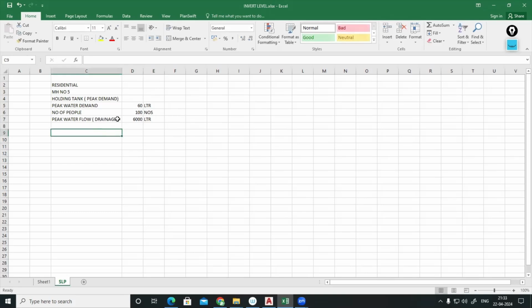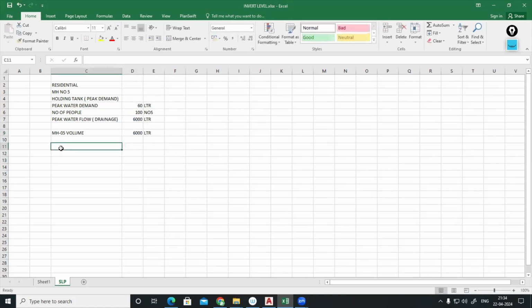Okay. So now you go to the tank capacity. Manhole number 5 volume, you can calculate based on that. How much is it? 6,000 liters or 6 meter cube.